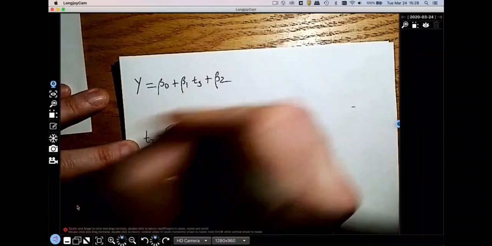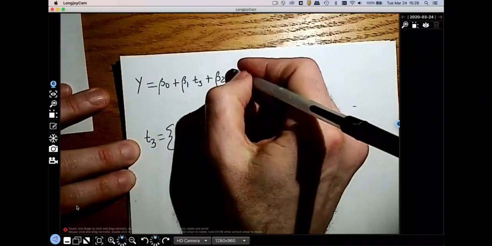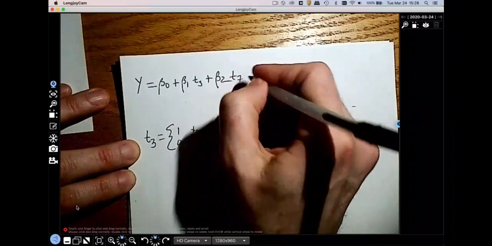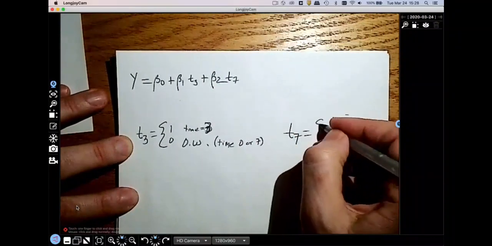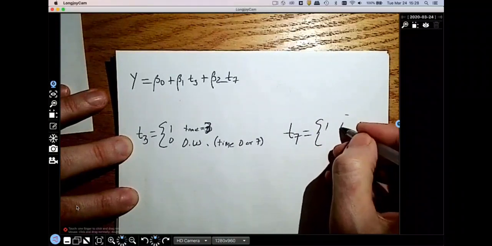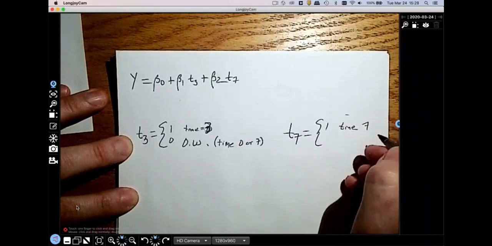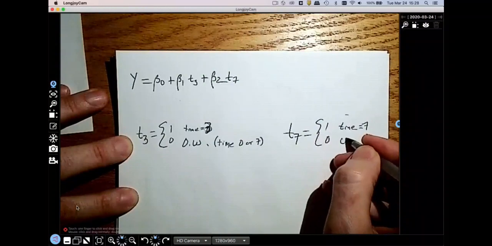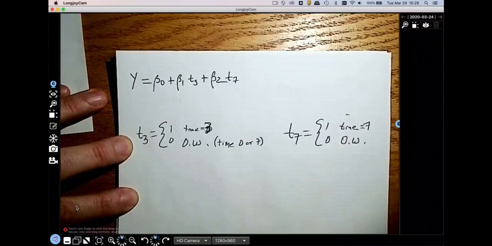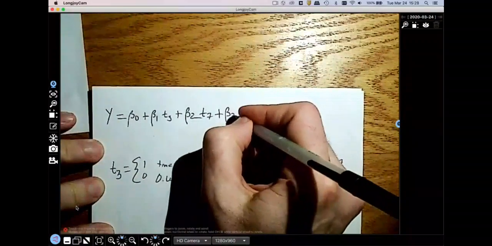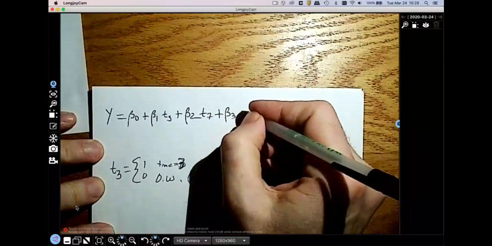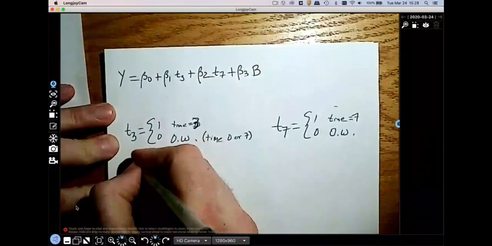Then I have beta 2 times T7. What is T7? Well, T7 is equal to 1 if time is 7, 0 otherwise. Well, let's keep going here. Plus beta 3 times B. Well, what is B?